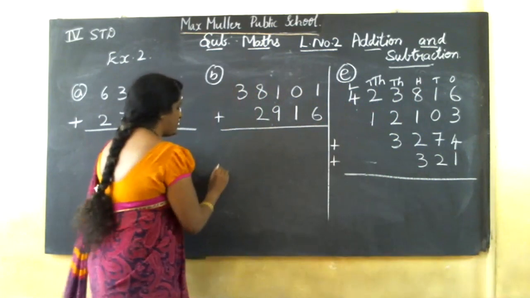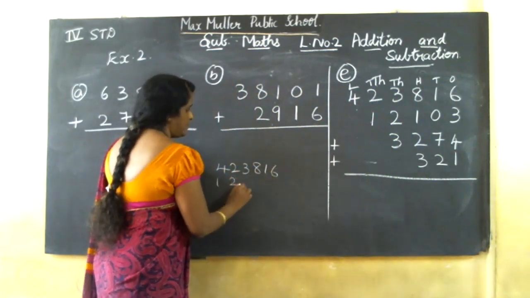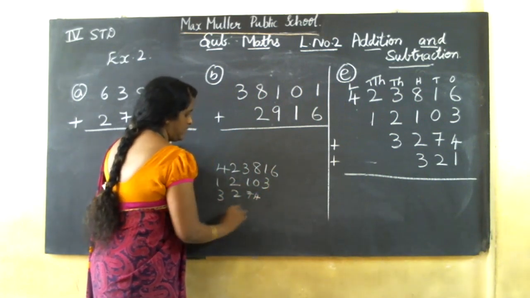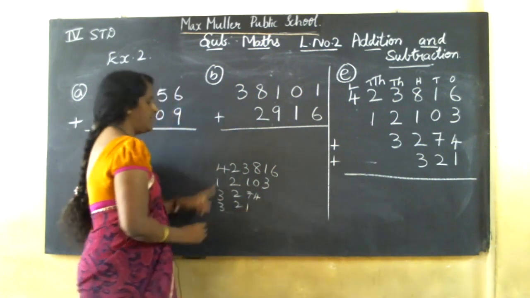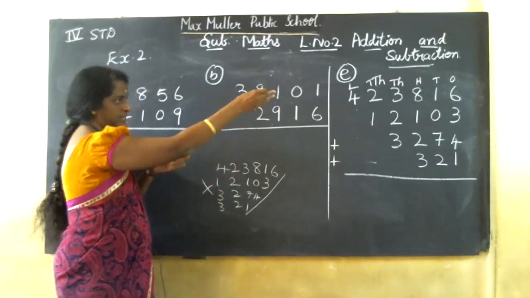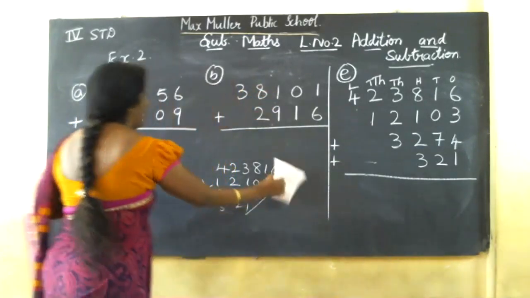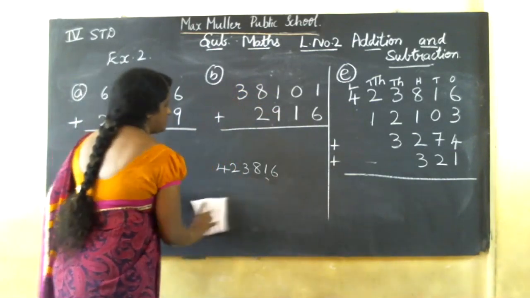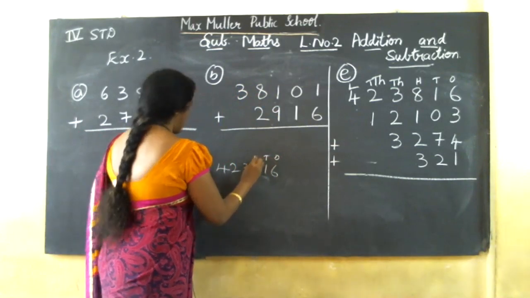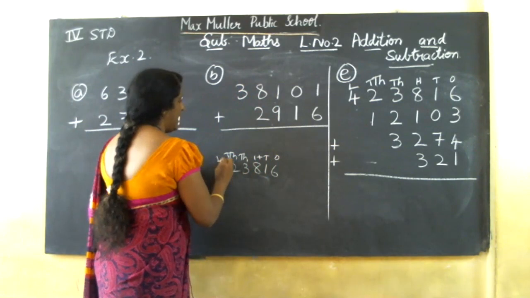See, if you write like this, 4, 2, 3, 8, 1, 6, 1, 2, 1, 0, 3, 3, 2, 7, 4, 3, 2, 1, you can count and see this is wrong. So write step by step. Okay, step by step. See, when you write the number like this: ones, tens, hundreds, thousand, 10,000, lakh.